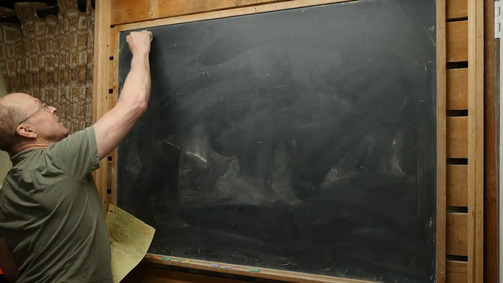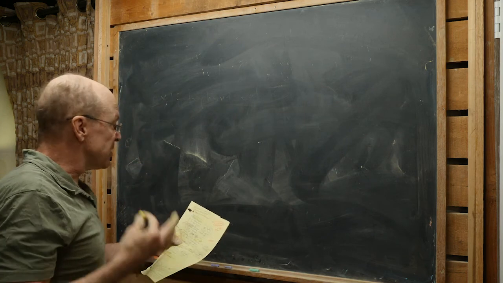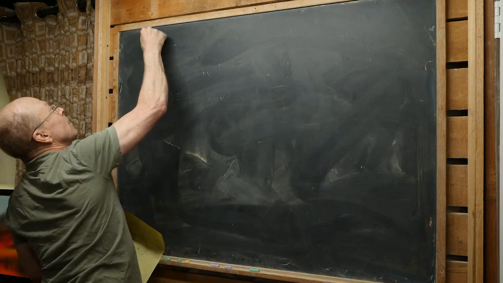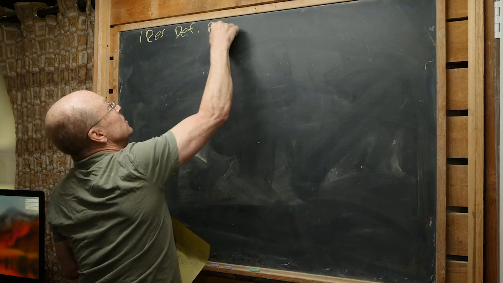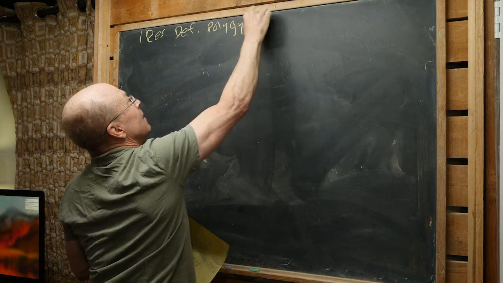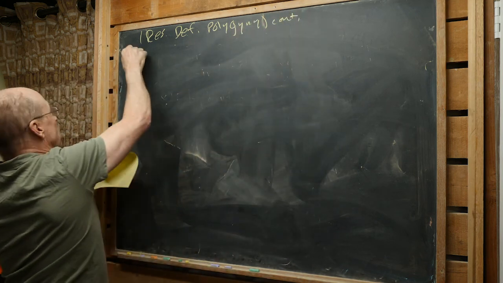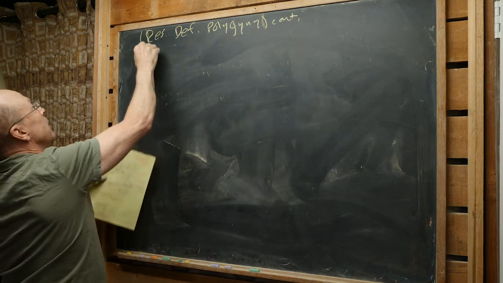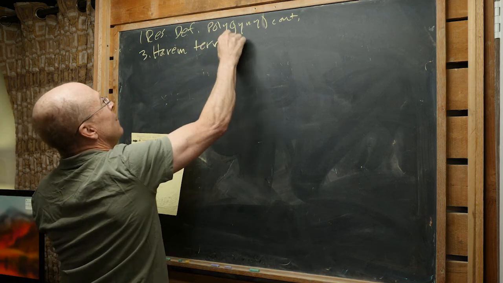Okay, continuing down the list, resource defense polygyny, and continued. So now we're going to move into number 3. Number 3 is what we call the harem territory.